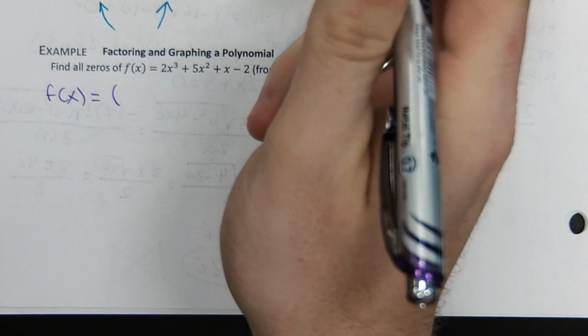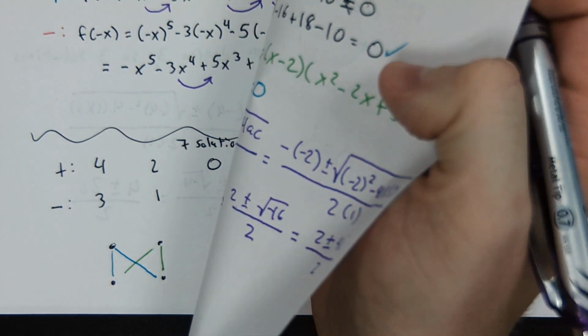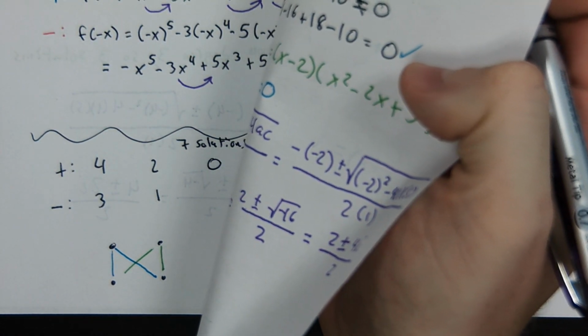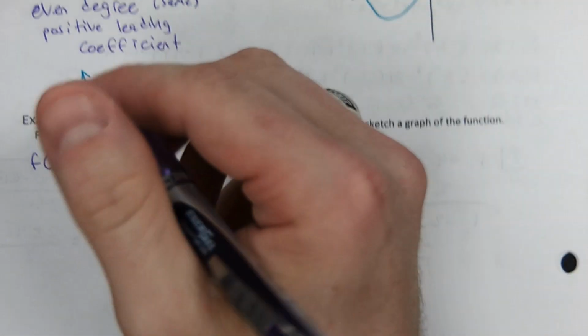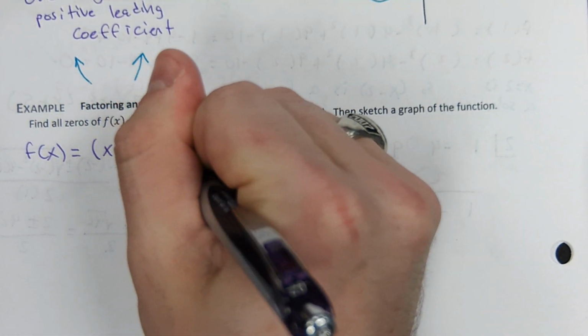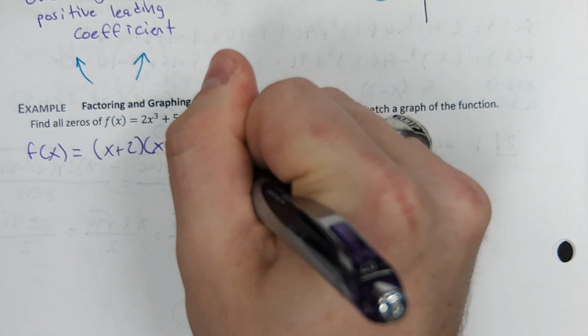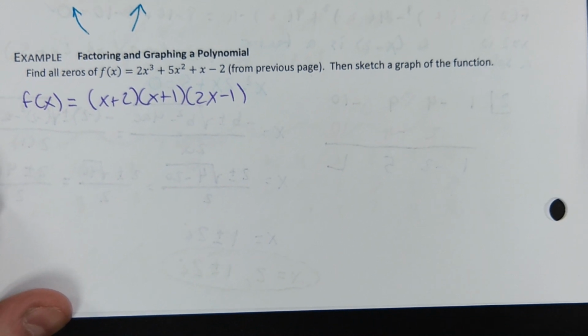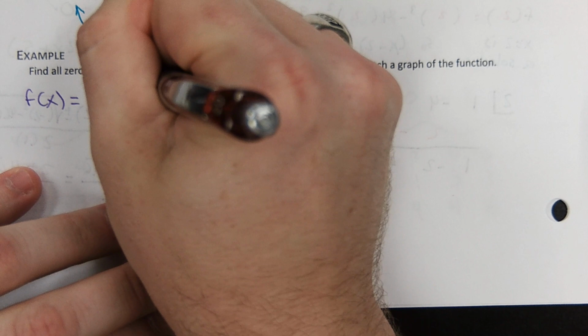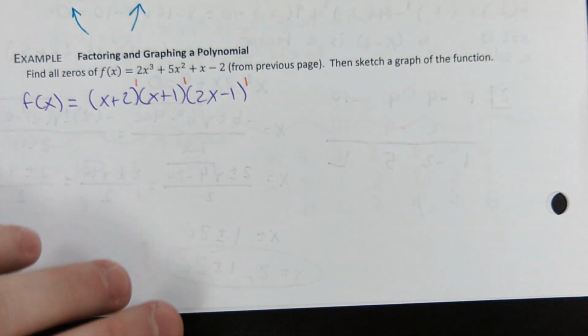Was it x plus 2, x plus 1? X plus 2, x plus 1, and 2x minus 1. What are the exponents on those factors? They're all 1s. Every one of these factors has a power of 1.